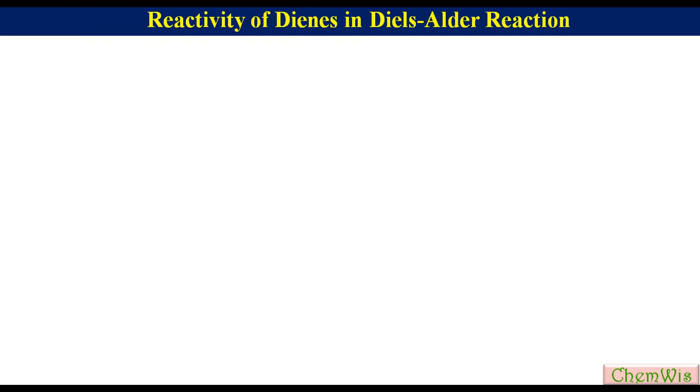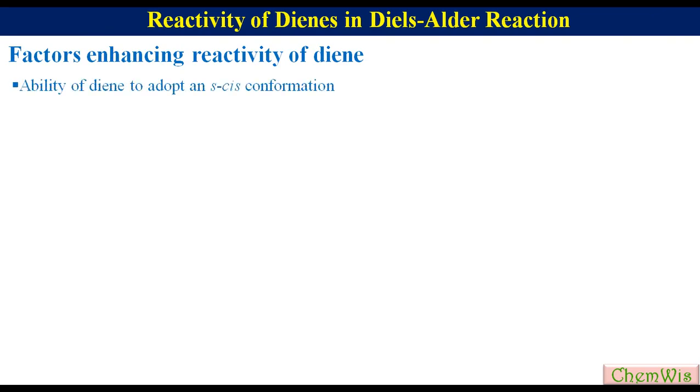The reactivity of diene is increased by the following factors: ability of diene to adopt S-cis conformation, planarity of the system, and electron donor groups. Let's take the example of 1,3-butadiene.